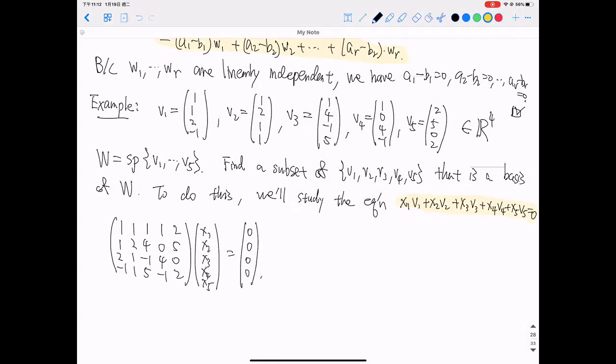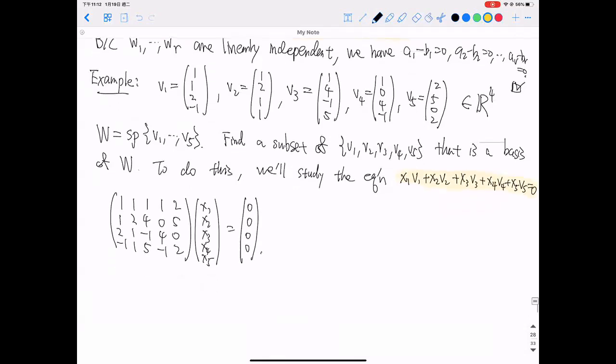Okay, so this is a homogeneous system of linear equations. And of course, we've seen how to solve this system.